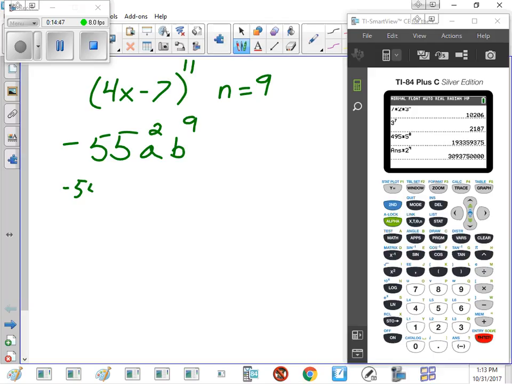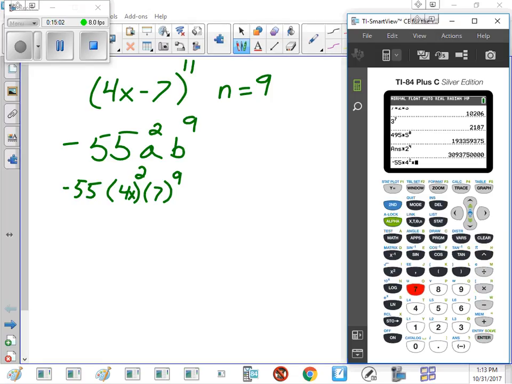So negative 55 times 4 squared times 7 to the 9th, or actually it's 4x squared, 7 to the 9th, and negative 55 times 4 squared times 7 to the 9th. This is going to be a huge number. 7 to the 9th.